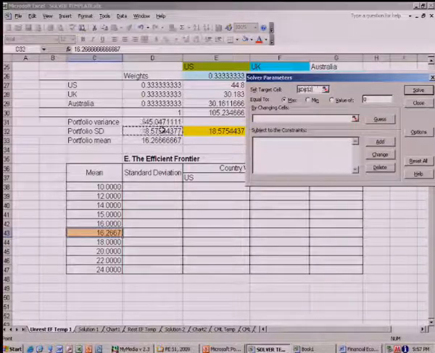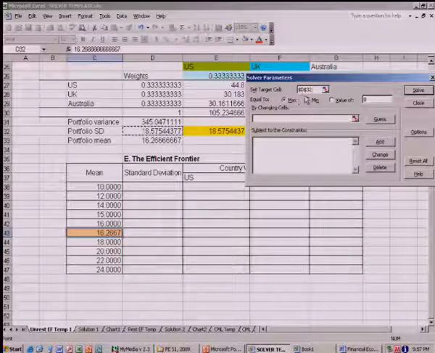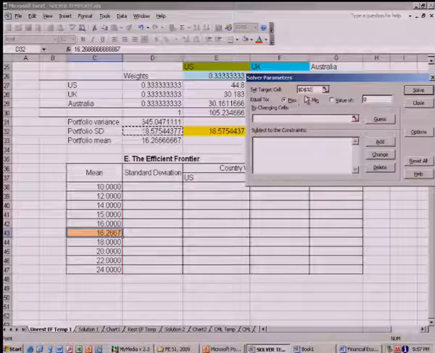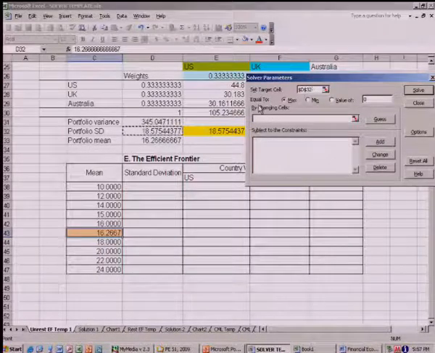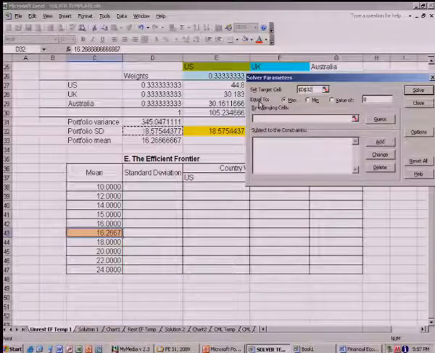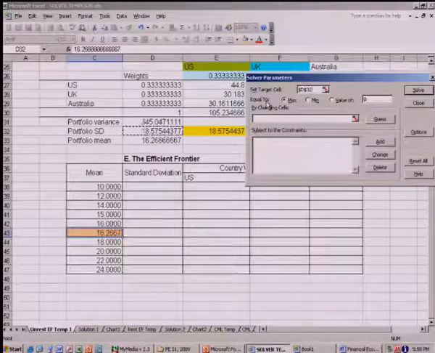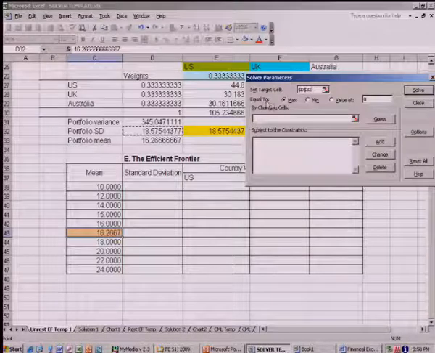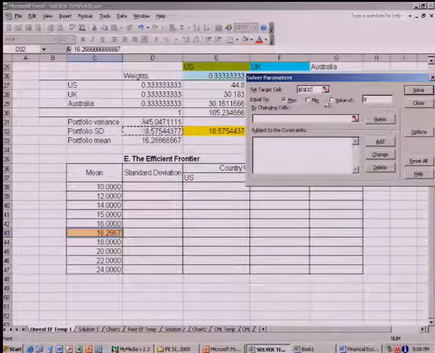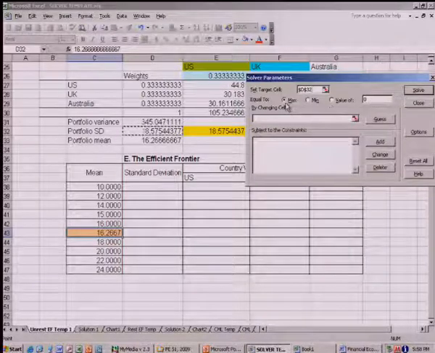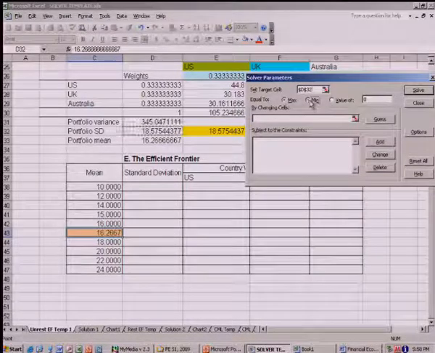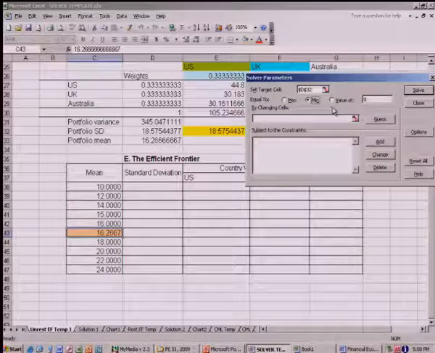So I'll click on the standard deviation cell here, which is D32, and that is what I want to minimize. Below the target cell, you are asked to specify what that cell needs to be equal to. Do you want to maximize it, minimize it, or have it equal to a certain value? I certainly don't want to maximize it. Really what I want to do is minimize it.